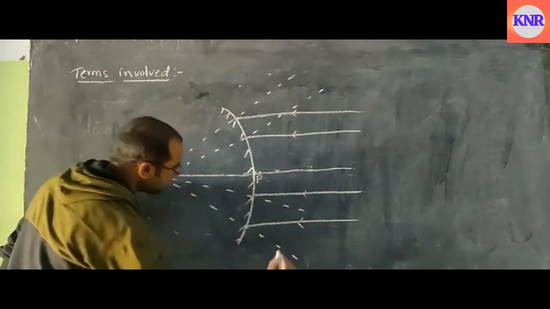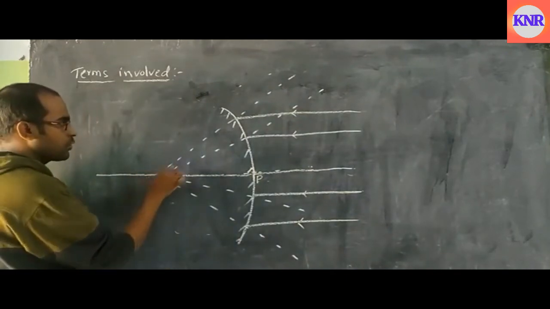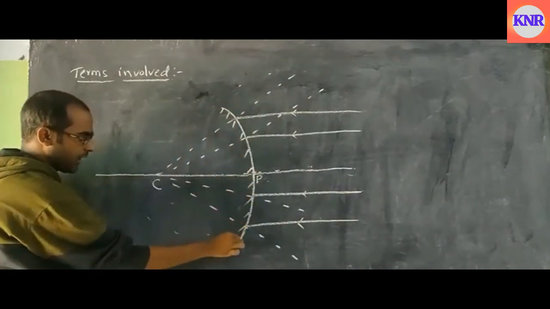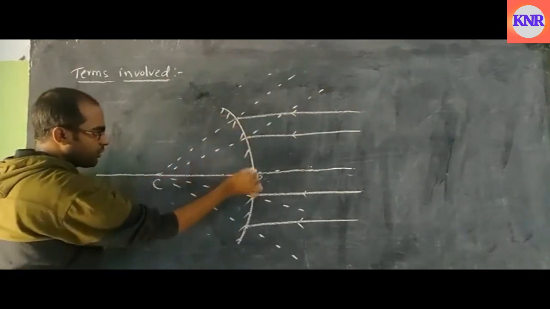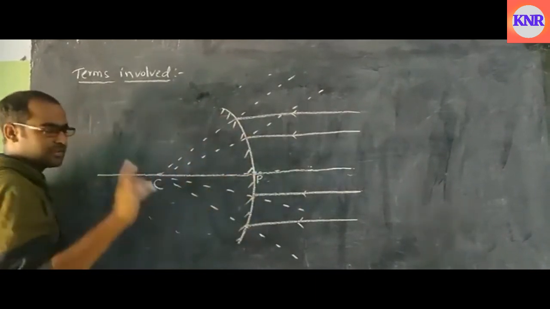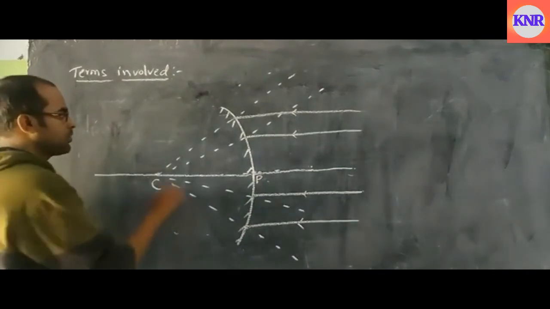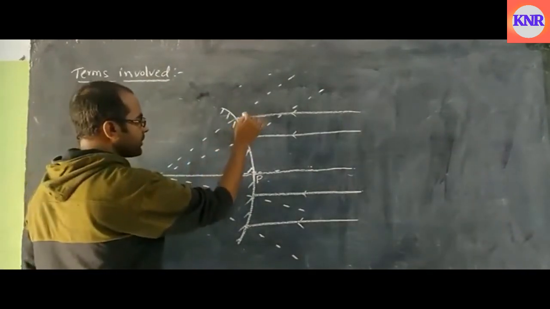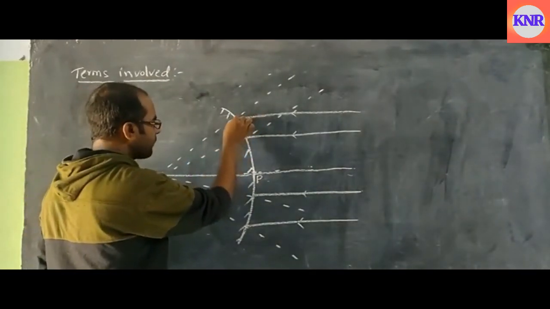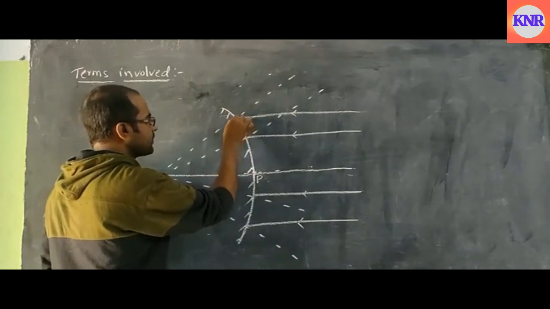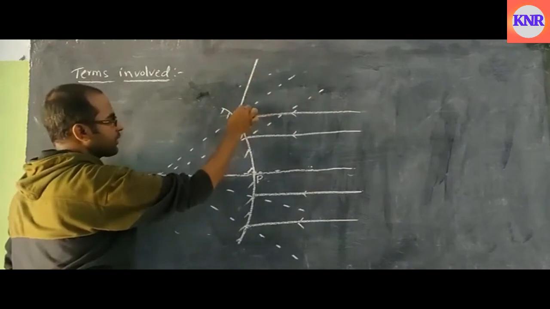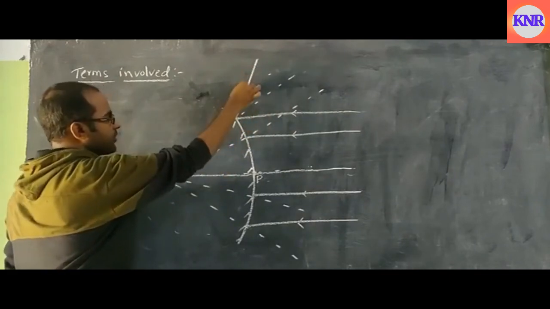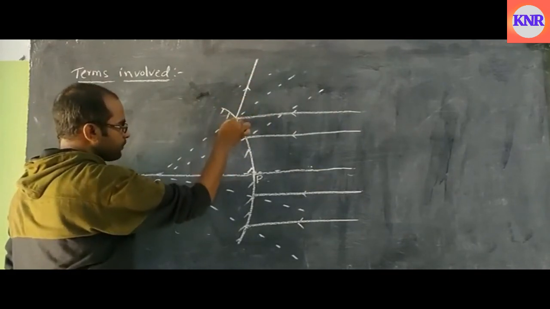One more time I am saying that a line drawn from the center of curvature to any point on the mirror acts as a normal. So here this is the angle of incidence, and the angle of reflection we have to take here, and it should be drawn in this manner. It is the divergent reflected ray.